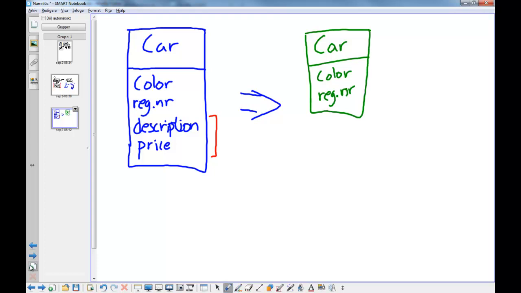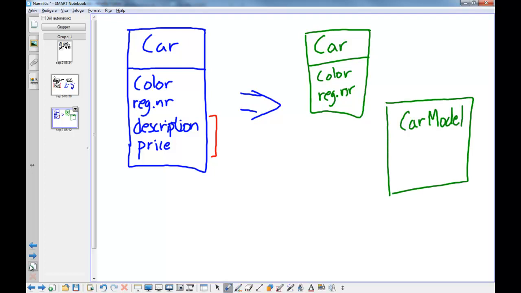But then instead we have the car model, with the description and the price. And this means that we can have a lot of different cars. We can have a red car, and we can have a blue car with different registration numbers, but they can be of the same car model and share the description and the price.